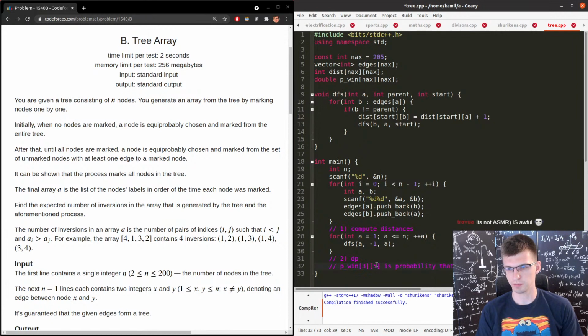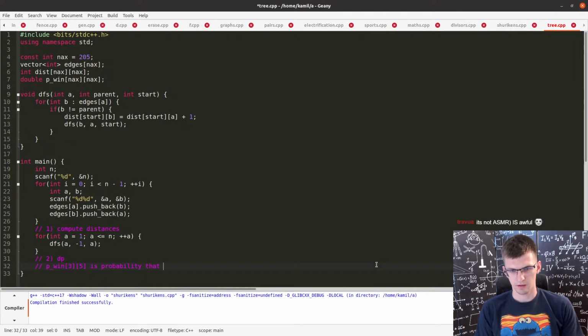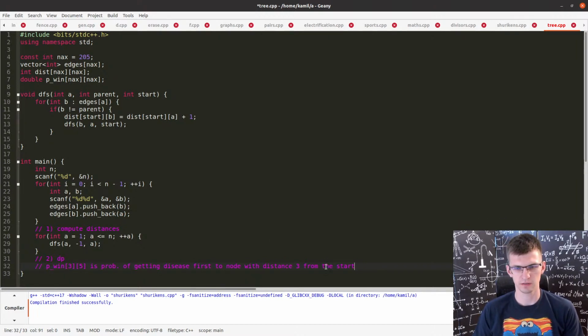Probability of getting disease first to node with distance 3 from the start, compared to 5, of course. That's the definition.